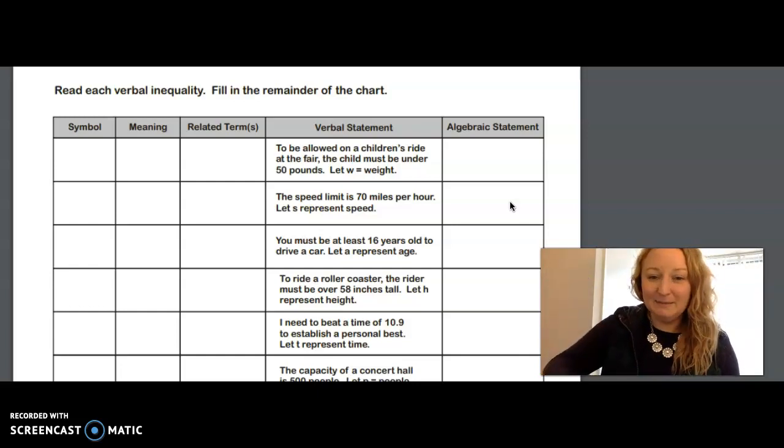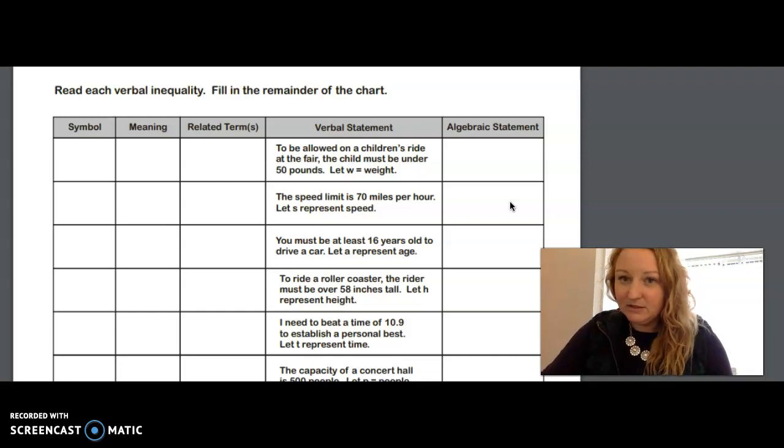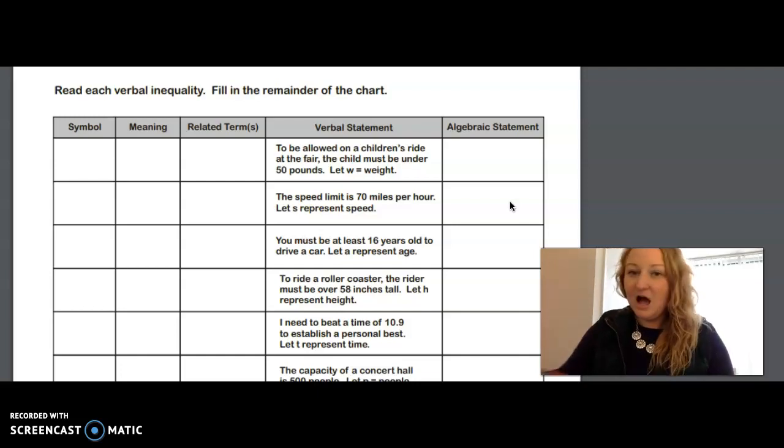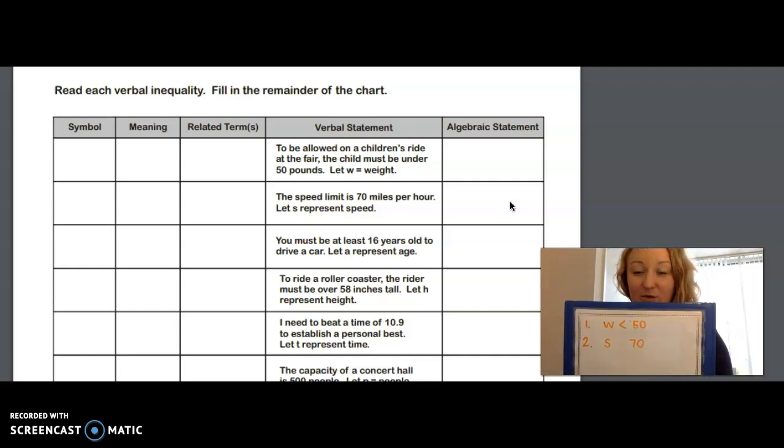The speed limit is 70 miles per hour. Let S represent speed. So again, I'm going to put my variable, which is S, and my speed limit, which is 70. I learned from the example above that the limit means you can be at it, but you can't go over it.